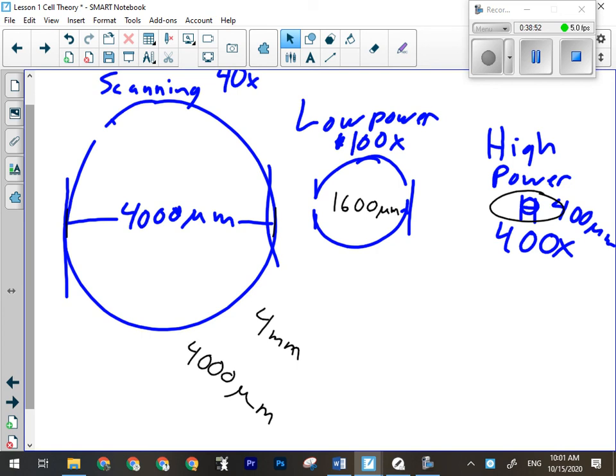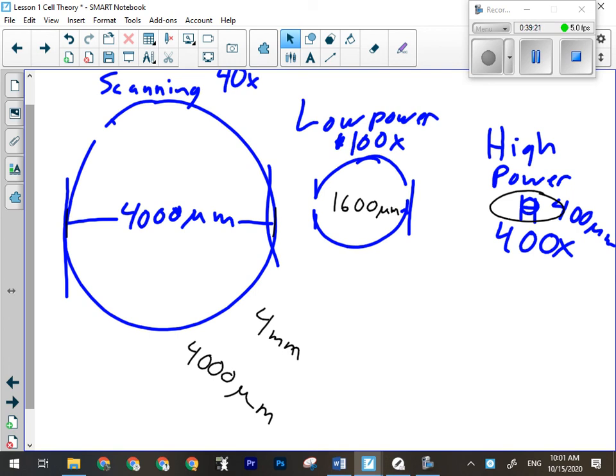So why do I want to start on the scanning power lens if I see all the detail on this lens? You're on the right track. Let's say I go to a football game and I know my friend is on the other side of the stadium, and he's wearing a bright yellow shirt.